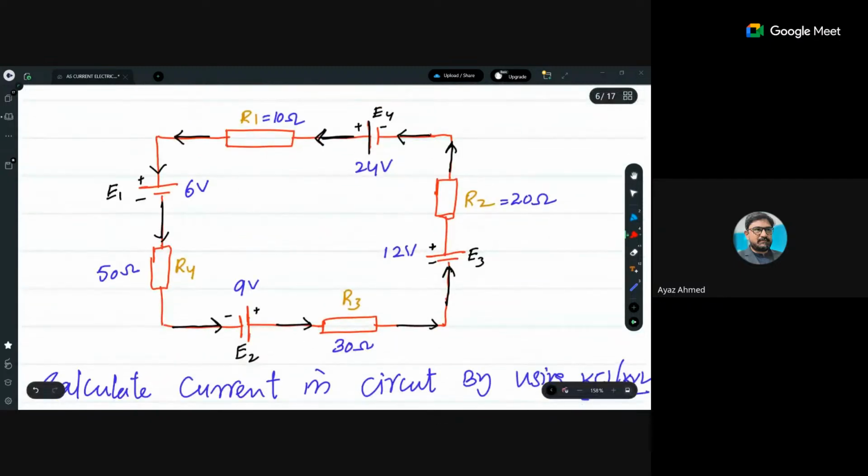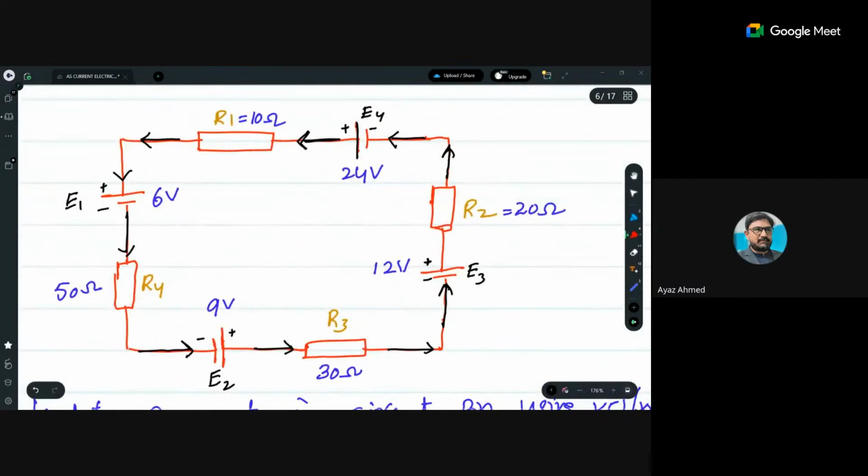So if we simply make it here, let's say this is a circuit, and in this circuit I have resistors as well as I have EMF source. So what happens? You have E1, E2, E3, E4. These all four are EMF sources, voltage sources, and there are loads.